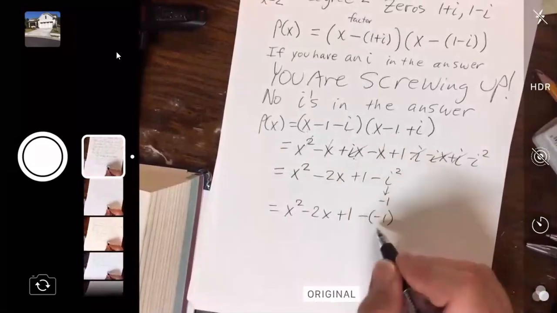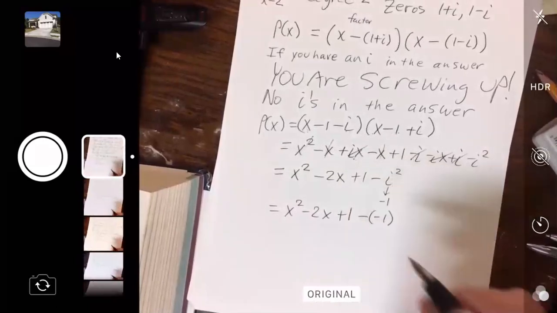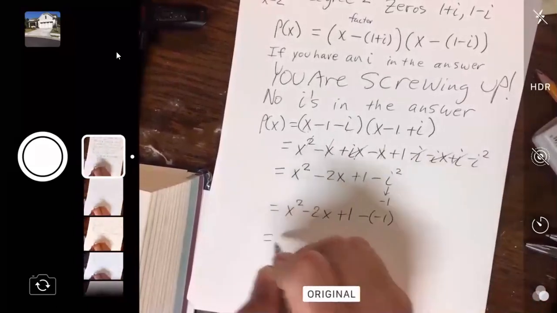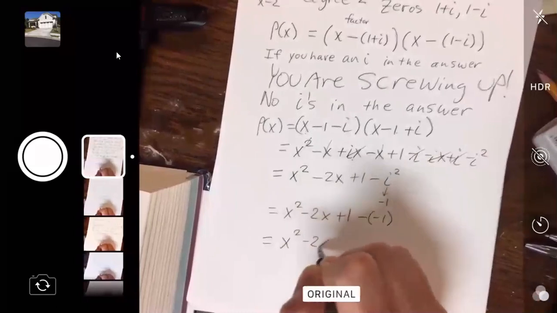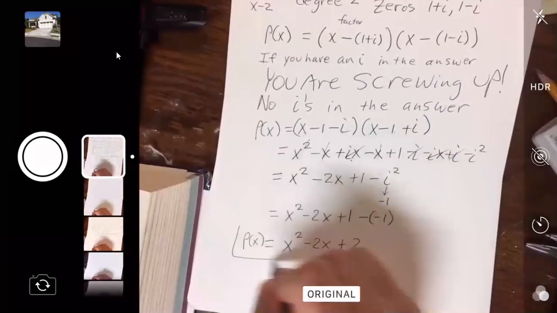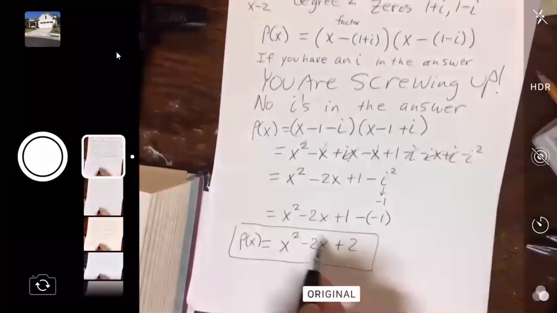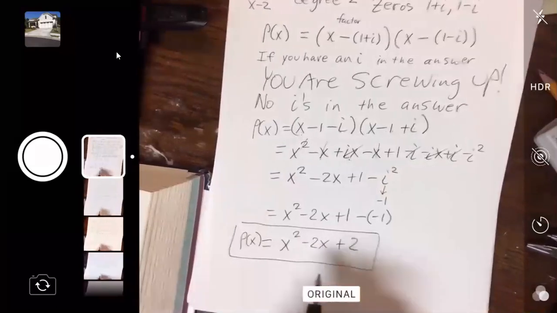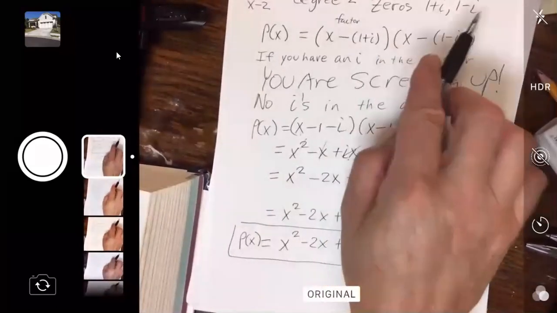That makes these alike. That's how you make the i squared vanish with negative 1. 1 minus negative 1, 1 plus 1 is 2, meaning x squared minus 2x plus 2. I could check this by running this through the quadratic formula, and I would find my answers would come out literally 1 plus i and 1 minus i.